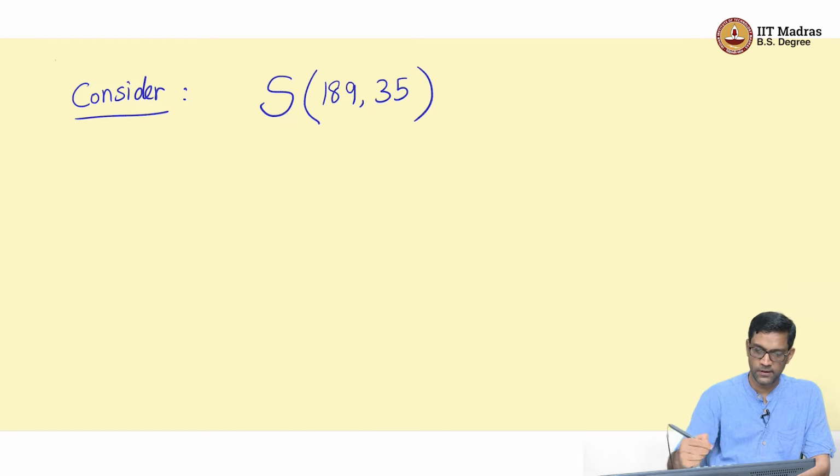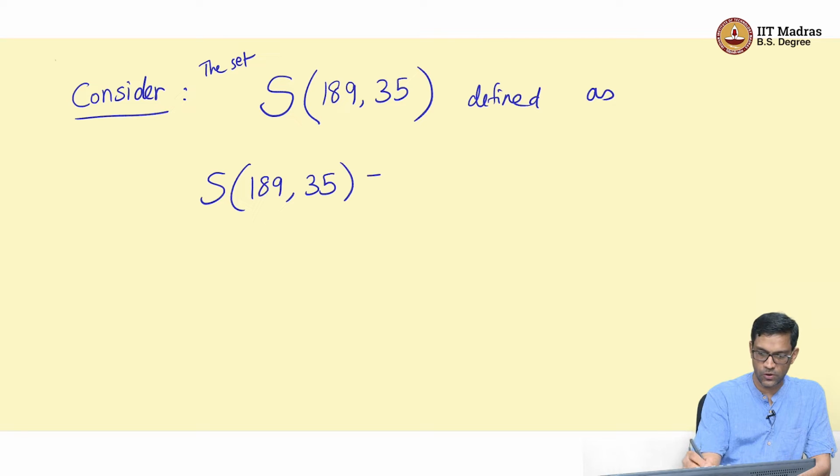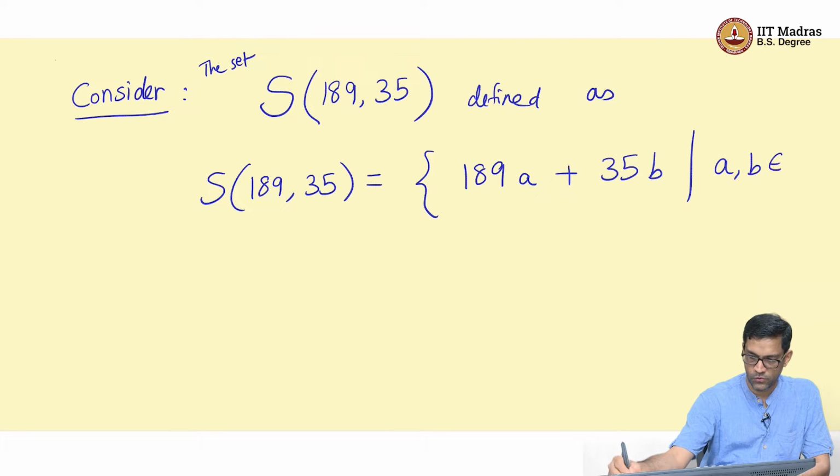It is a set which is defined as follows: the elements of the set are all numbers of the form 189 times A plus 35 times B, where I let A and B vary over all integers.